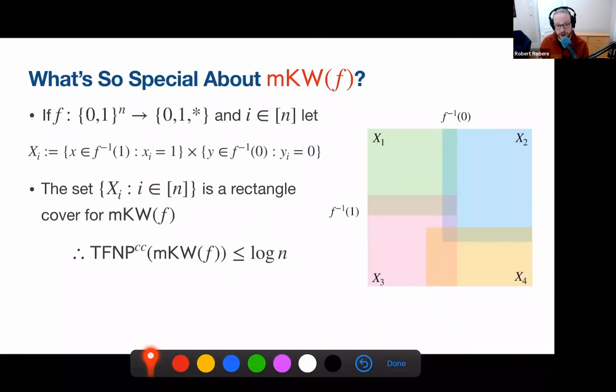If I start with a partial monotone F, then there's a natural rectangle I can associate with every input: for all the ones, I take the places where x_i is 1, and for all the zeros, I take all the places where y_i is 0. If I take all of these rectangles, this is a rectangle cover because we know that all of the solutions are equivalent to this. Therefore, the NP complexity of the Karchmer-Wigderson game is no more than log n. They can just guess one of these coordinates and then verify that that coordinate is different.